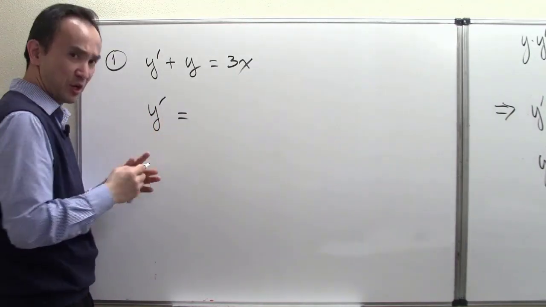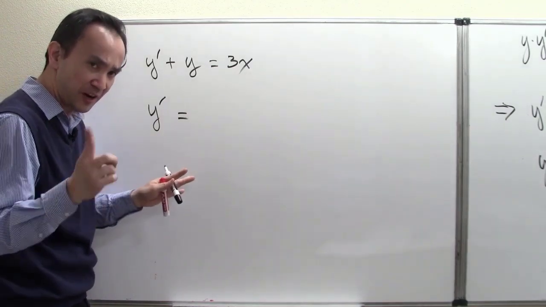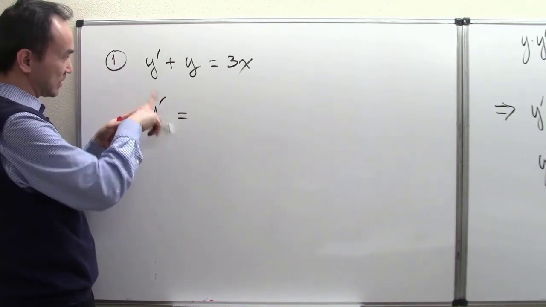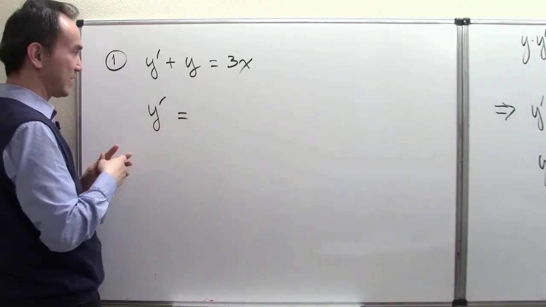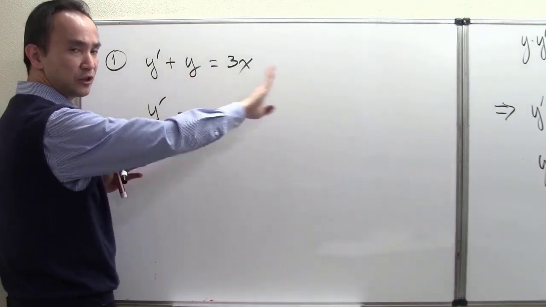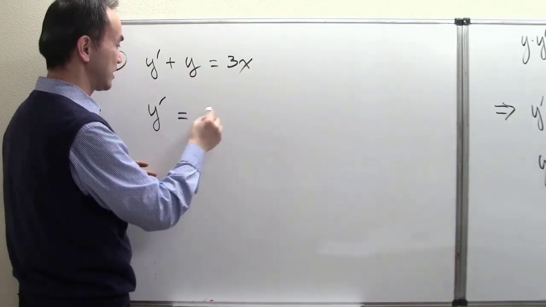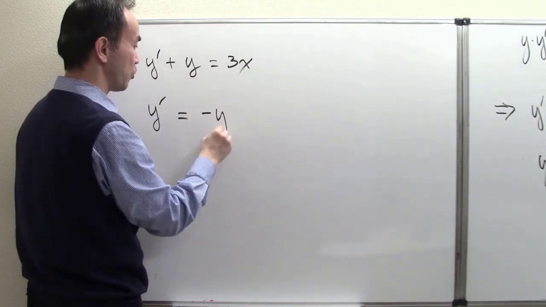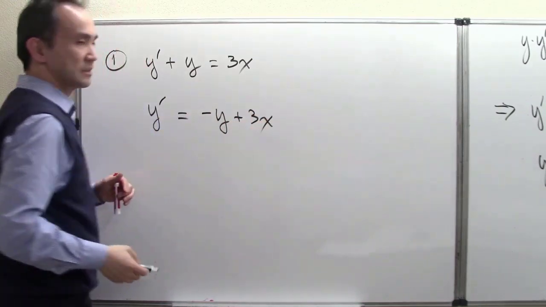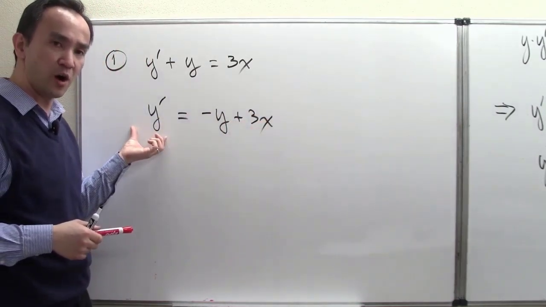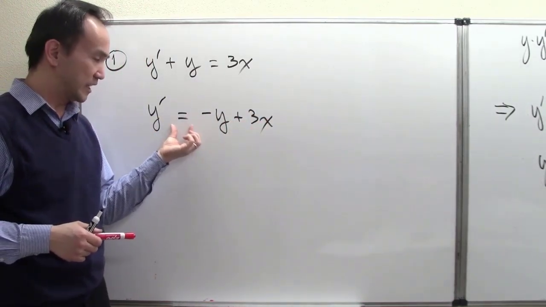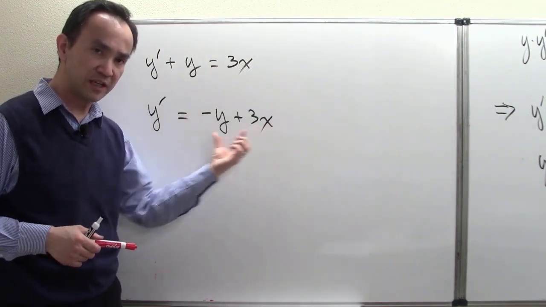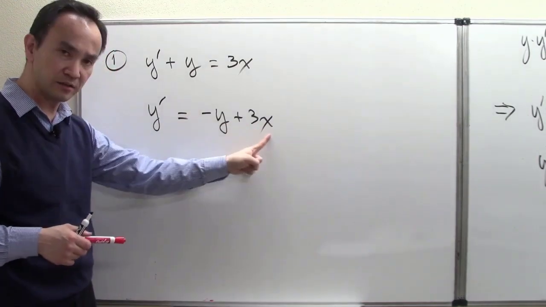Because they all have to be first order, I'm going to keep that first derivative by itself, and bring all non-derivative terms to the opposite side. So here I'm going to subtract that y to the other side. It's now minus y plus 3x. So I have first expressed y prime as an expression in terms of the two other variables involved, the y and the x.